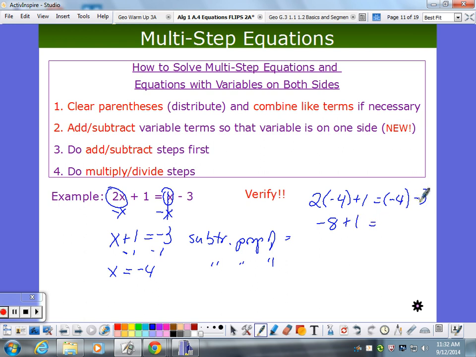What's -4 minus 3? Now, if integer addition and subtraction is a really hard thing for you, then you've got to practice them or use your calculator. What's -8 plus 1? And that's matching now. So now that these are a little more difficult, you really, really have to do your verification step.